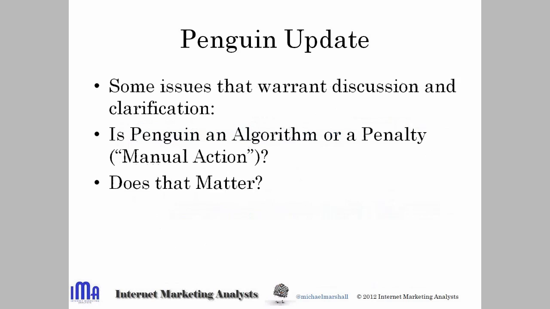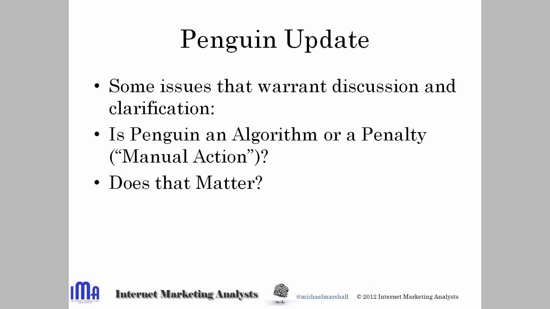So some issues that warrant discussion and clarification about Penguin are whether or not it is an algorithm or a penalty, and does that really matter? Well, one thing, Google these days is using the phrase manual action instead of penalty. And Penguin is an algorithm. It's an algorithm update. It is not a penalty.